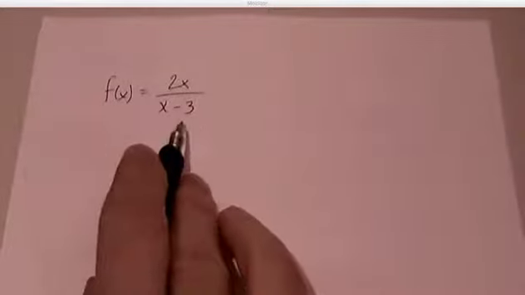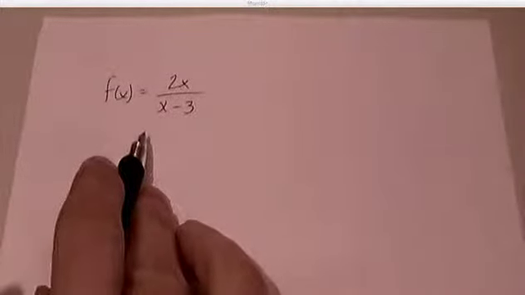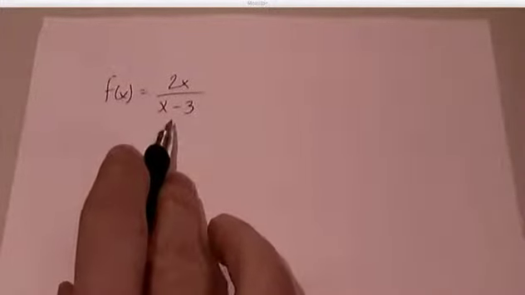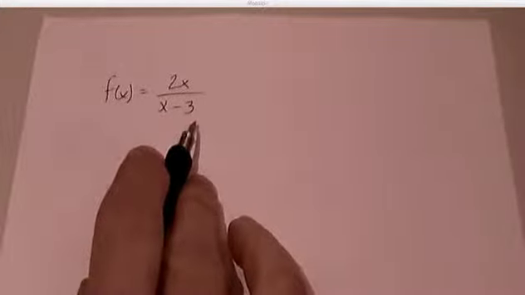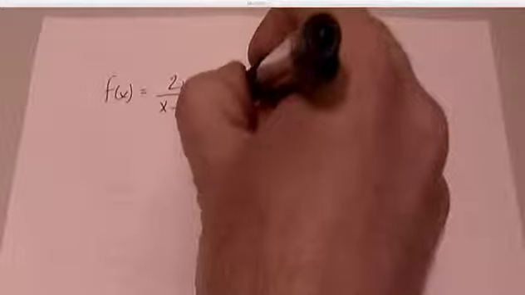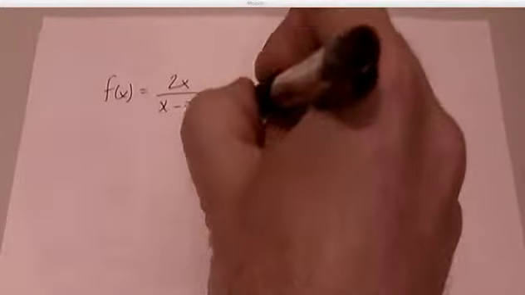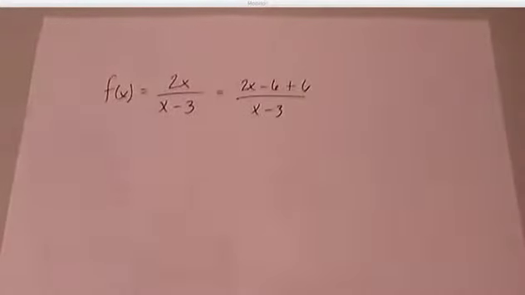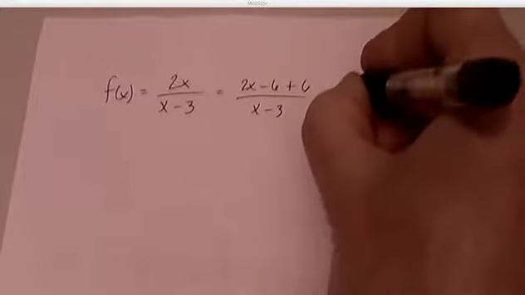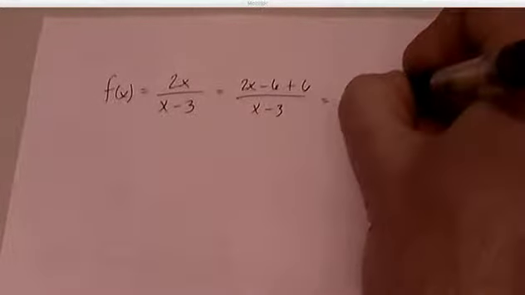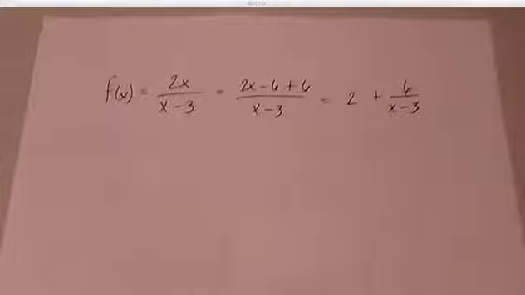My advice, if you have to do it by limit definition, which of course would be nasty in this form, is to go ahead and do the division. Go ahead and turn that into 2x minus 6 plus 6 so that you can actually pull apart the fraction, okay?